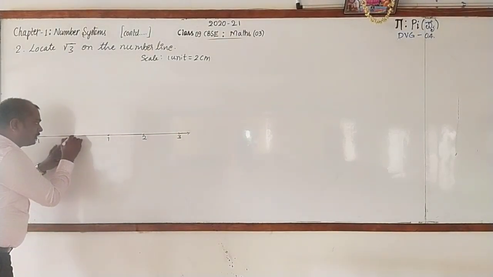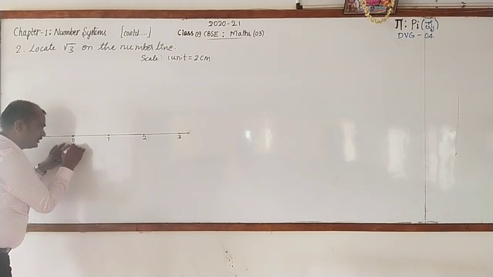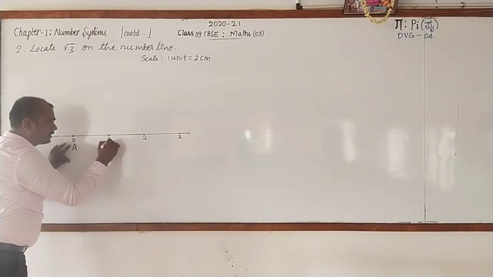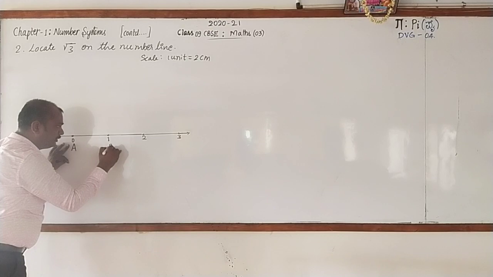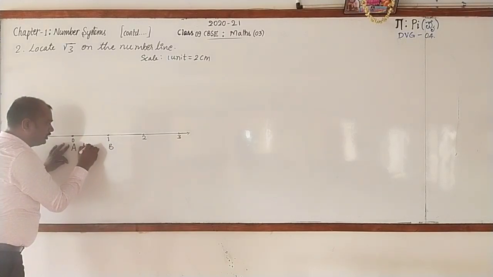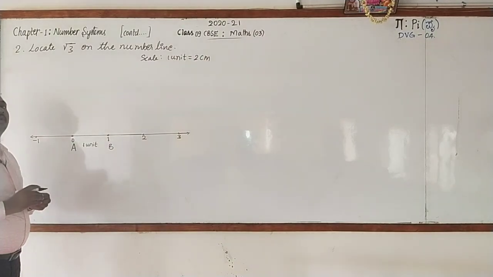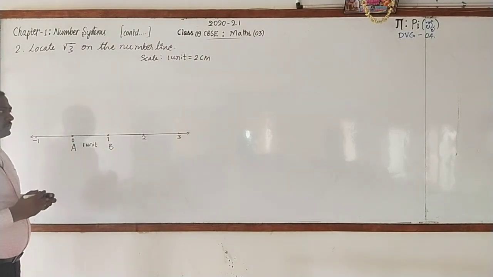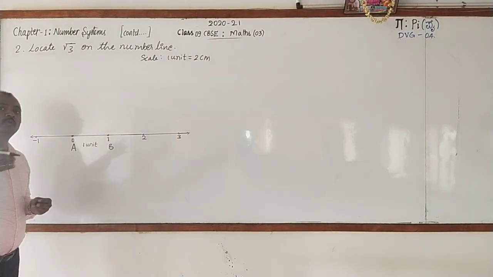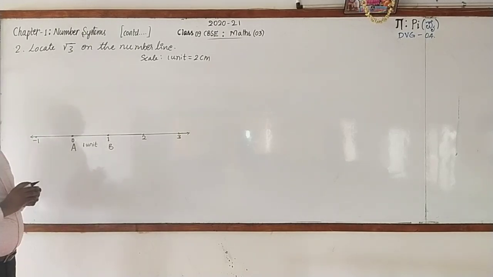Next, take the point which represents 0 as A and the point which represents 1 as B. Call this 1 unit. We have already learned how to locate root 2 on the number line. If you want to locate root 3, first we have to locate root 2.